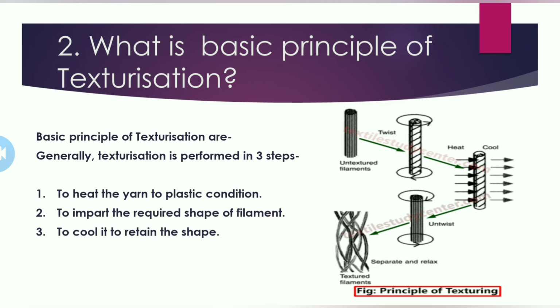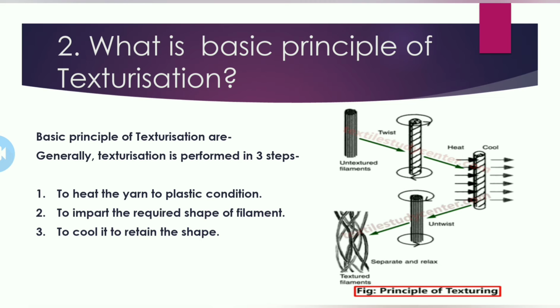The first step is to distort the filament in the yarn so that the inner fiber bond is broken. Twisting or other means are used to distort the filament within a yarn. The second step is to heat the yarn, with broken bonds between polymers allowing the filament to crimp, and the last step is to cool.